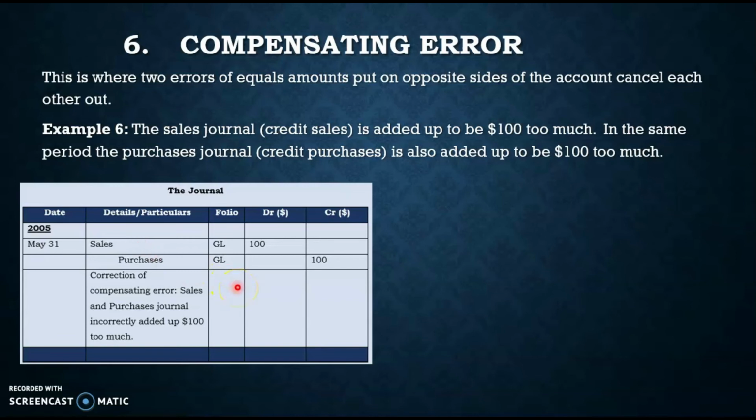But what we're getting at is an entry was done on the debit side and an entry was done on the credit side with an equal amount that causes your trial balance figure or total to agree. All right, so we're going to debit the sales with 100 to remove the extra, and we're going to credit the purchases with the same 100 to remove the extra.